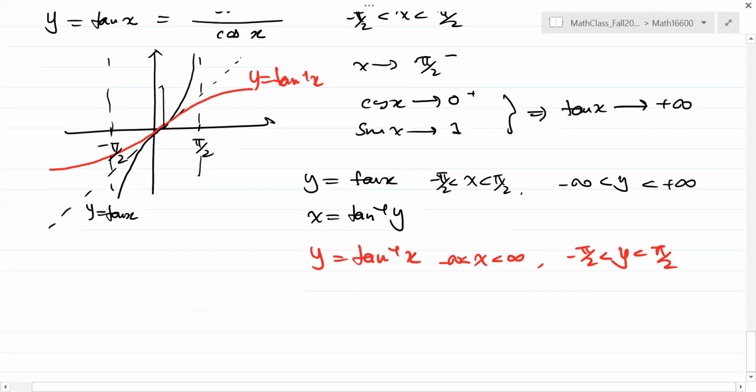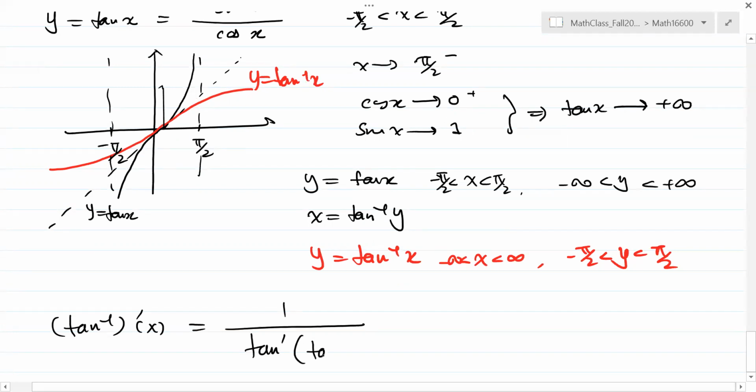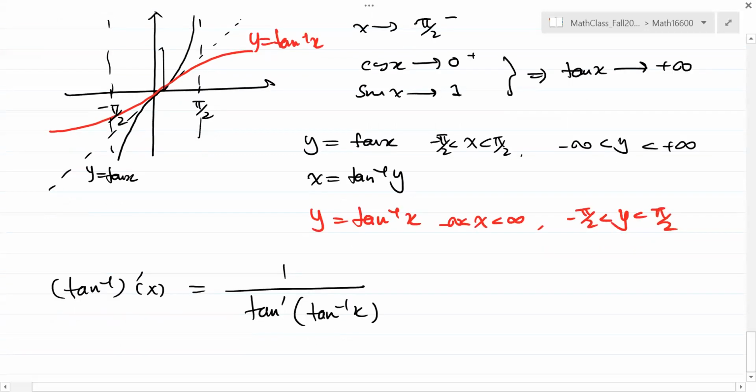Now we have to find out, it's a good exercise, the derivative of the inverse. This is supposed to be the derivative of the arctangent. The question is, are we able to express that in terms of x, without using a trigonometric function?